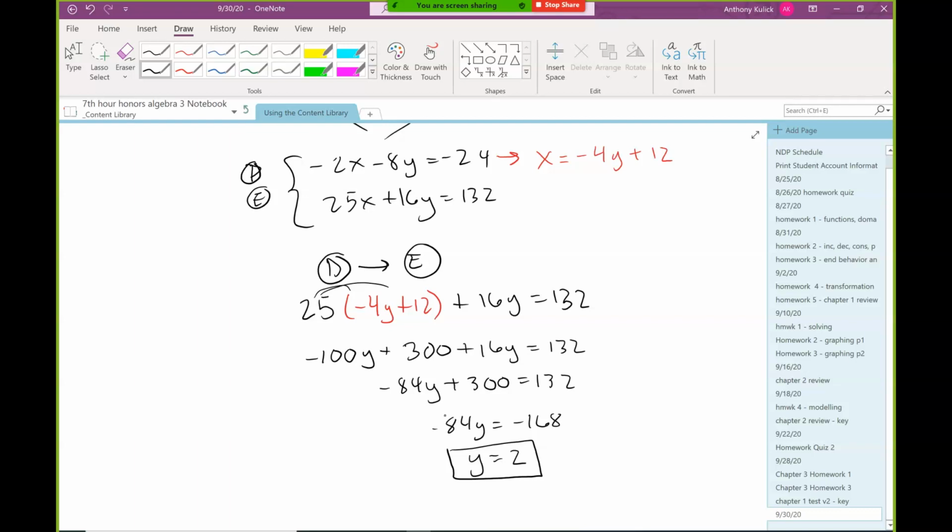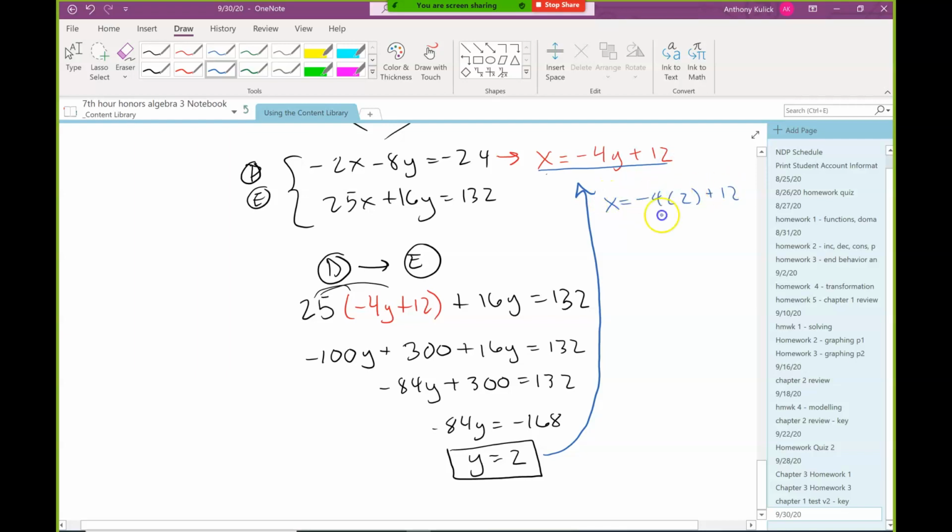Now, I'm going to solve for x by taking the answer and substituting it back into this equation. So that tells me x is equal to 4. So now I have x and y.